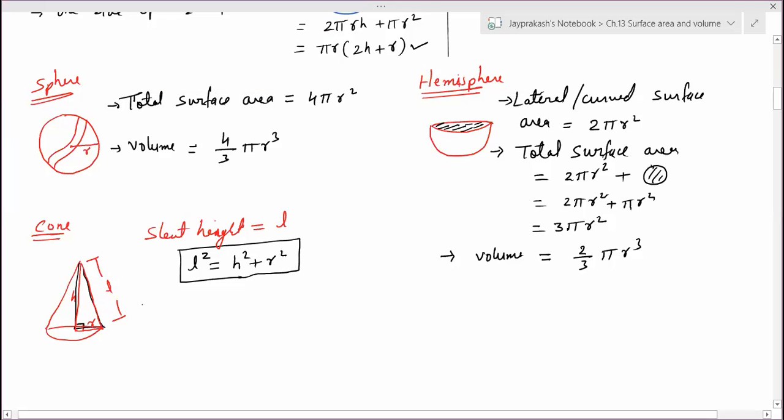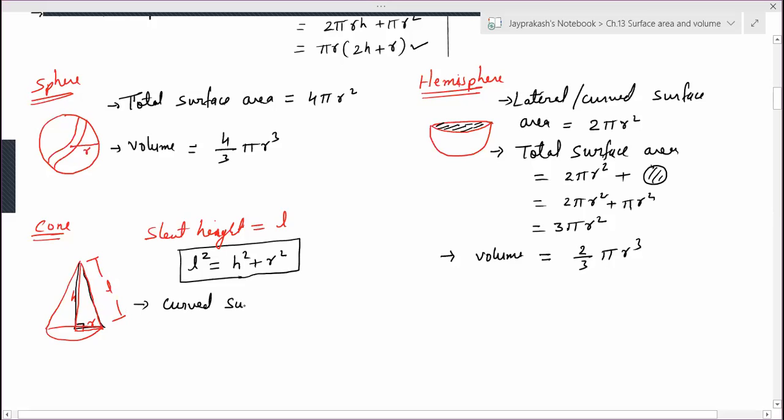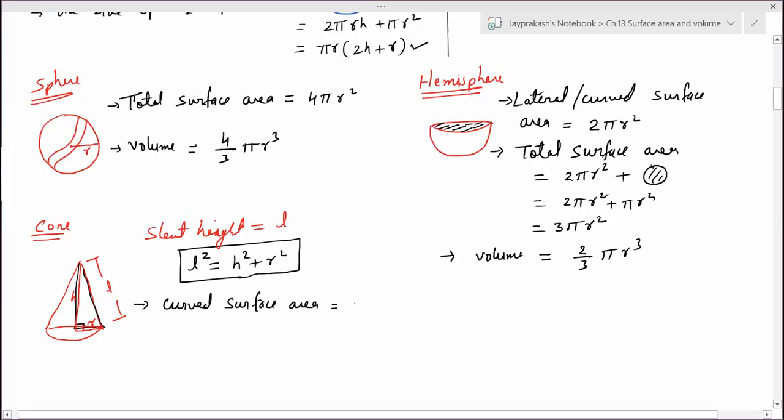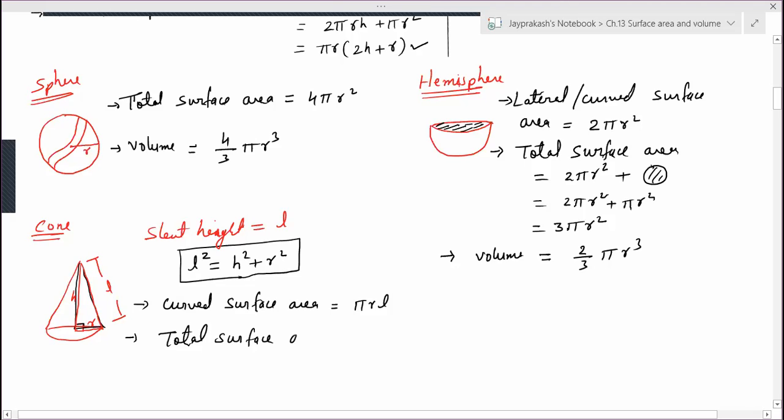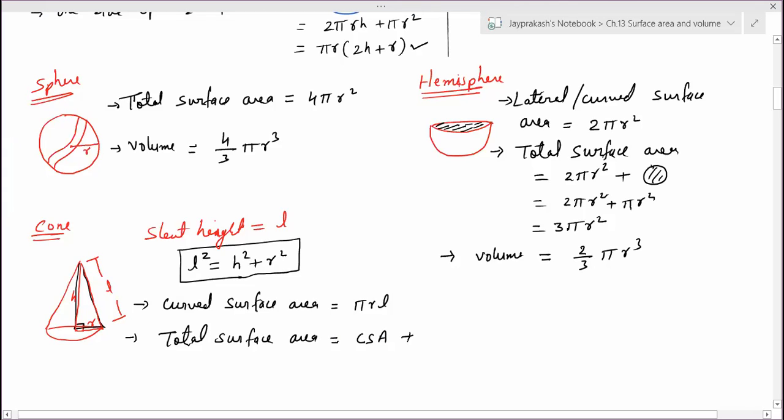And if we talk about the lateral surface area, that is the curved surface area, it is equal to pi R L. Then total surface area, so again here total surface area means CSA plus closing the ice cream cone.